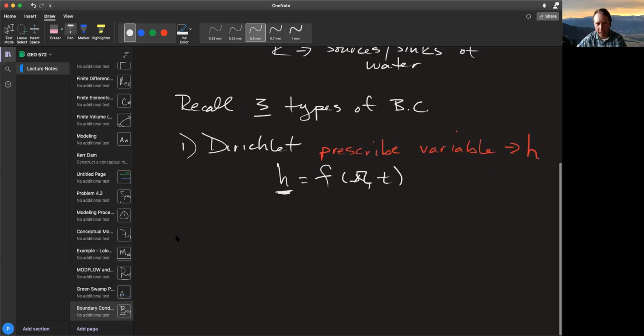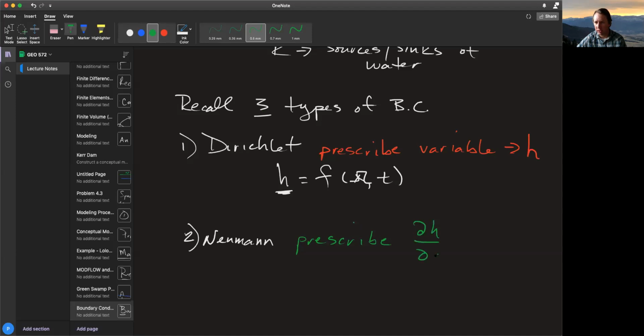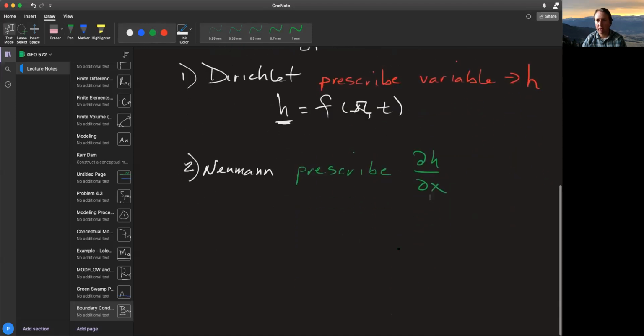All right, the second kind is a Neumann. And in a Neumann, we prescribe the gradient of the variable. So here, dH/dx. We prescribe the gradient.